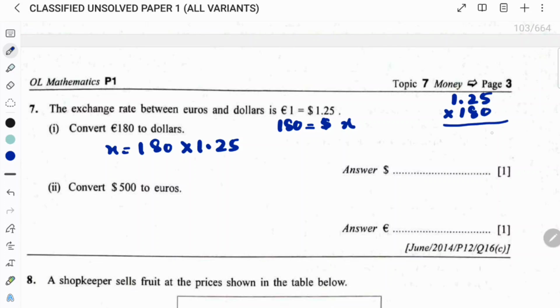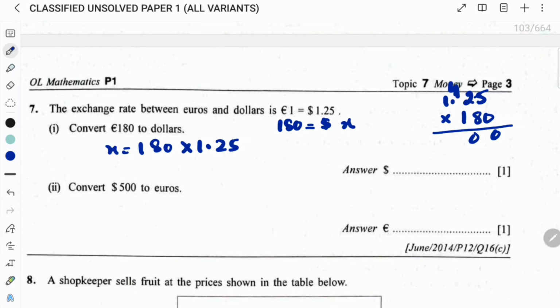8 times 5 is 40, 8 twos are 16, 17, 18, 19, 20. Better to multiply by 18. 18 times 5 is 90. 18 times 2 is 36.